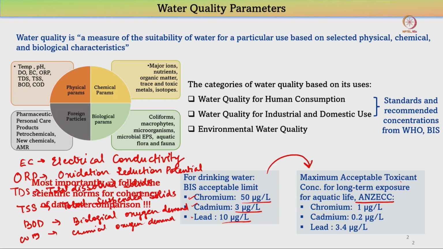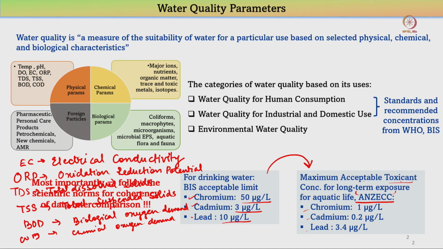Their value is not the limit for drinking water, they want a healthy ecosystem, right. So, this ANZECC has reported different values, the maximum acceptable toxicant, and these are all toxic metals, chromium, cadmium, lead, they are all carcinogenic in nature, and therefore, not only for humans, for aquatic life also they are considered toxic.